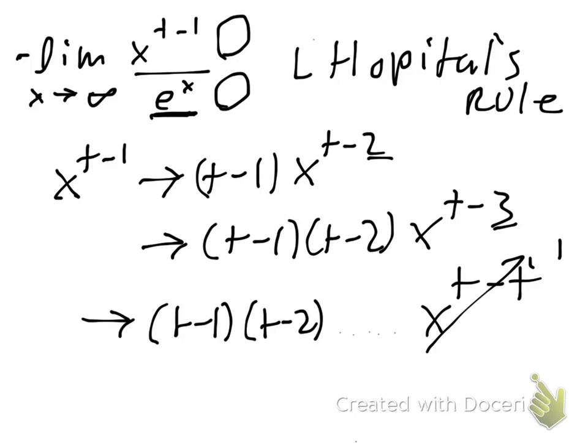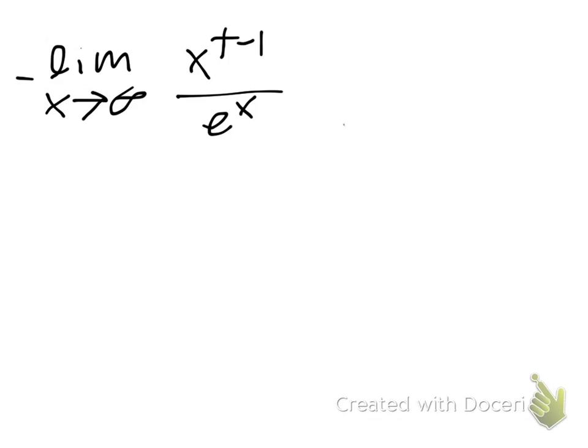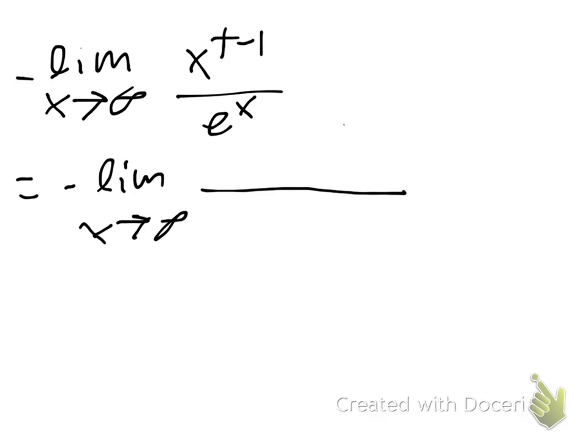So if we take the derivative of the numerator and the derivative of the denominator with respect to x, remember, by L'Hopital, taking these derivatives, (t-1)(t-2) and so on, all the way eventually we'll hit the number 1.